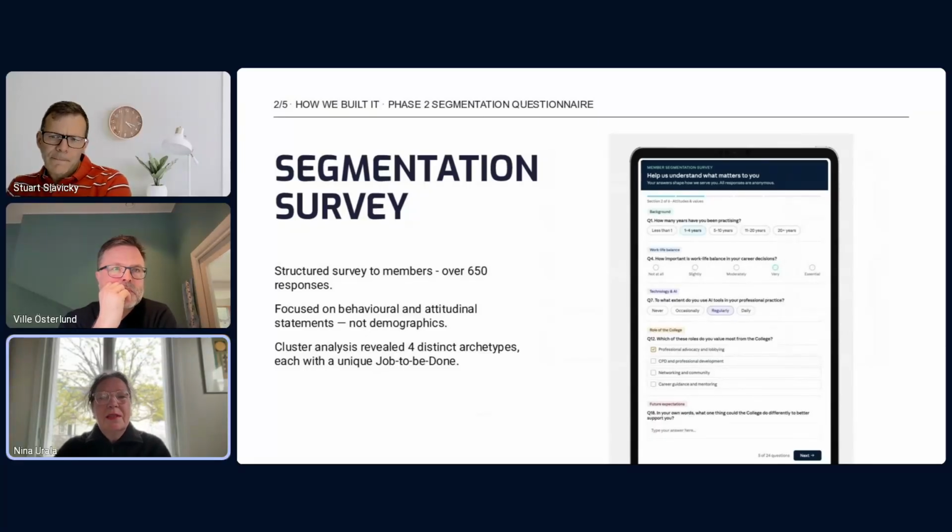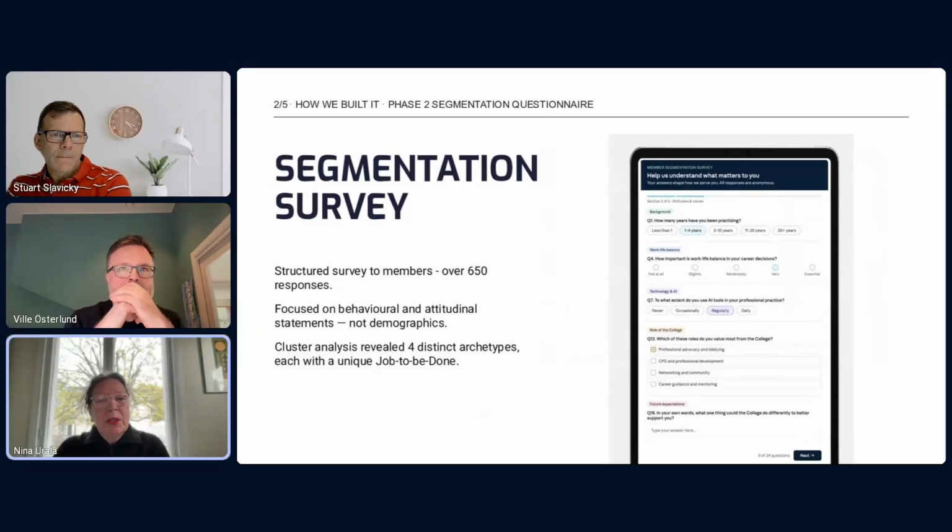And the survey itself focused on behavior and attitudinal statements, not demographics. We asked things like how members engage with professional development, what they value most from the membership, and how they see their career trajectory. We also measured their attitudes towards technology and AI.